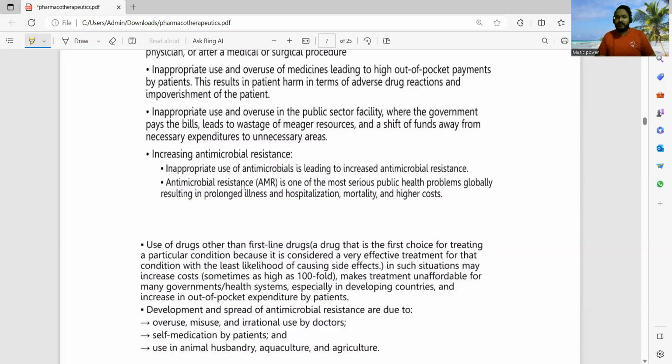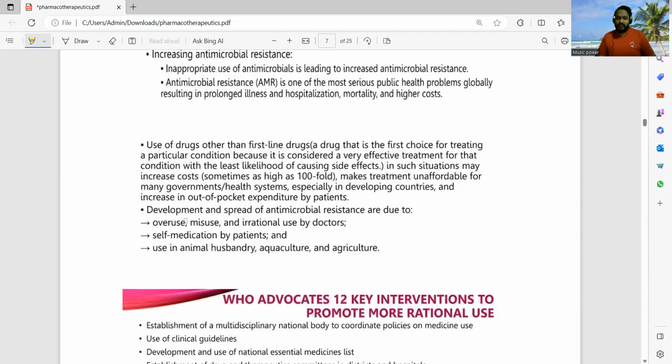Increasing antimicrobial resistance. Inappropriate use of antimicrobials is leading to increased antimicrobial resistance, and antimicrobial resistance is one of the most serious public health problems globally, resulting in prolonged illness and hospitalization, mortality, and high cost of treatment.